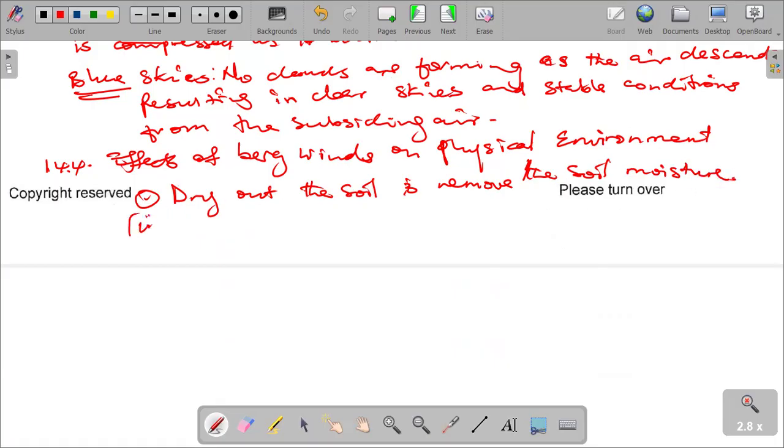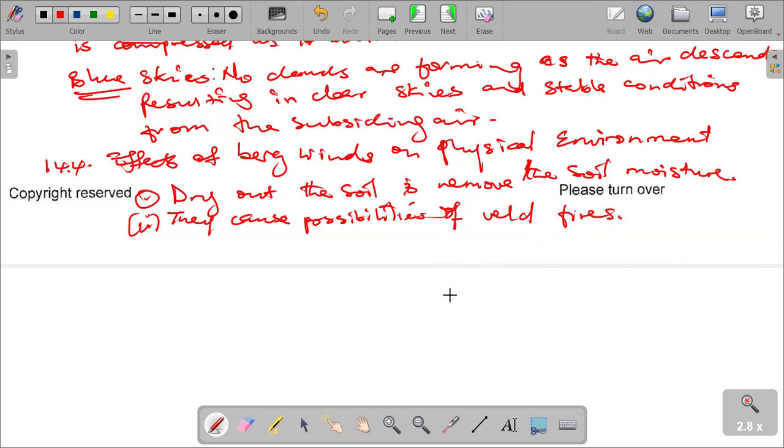Number two, an effect of berg winds is the spread of wildfires. They can cause possibilities of wildfires.